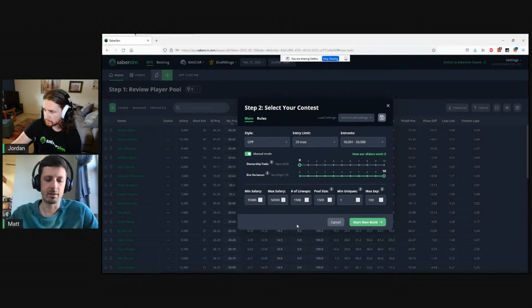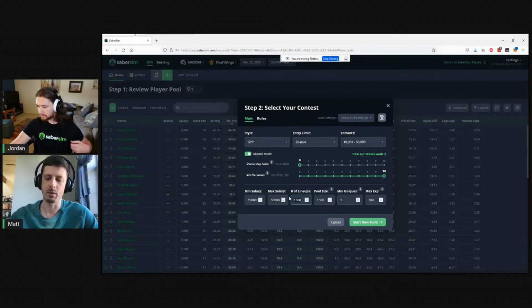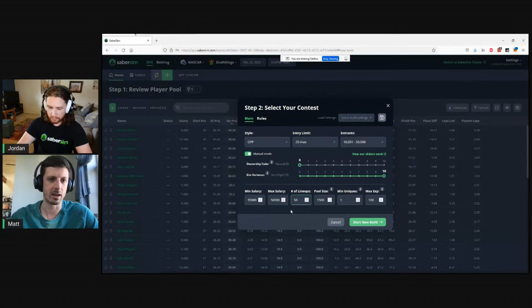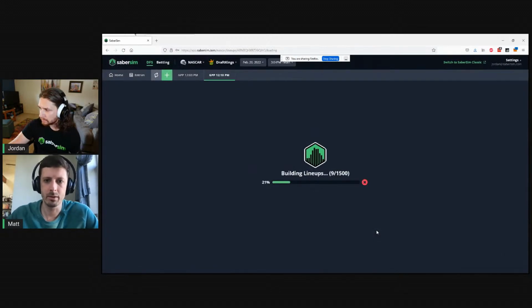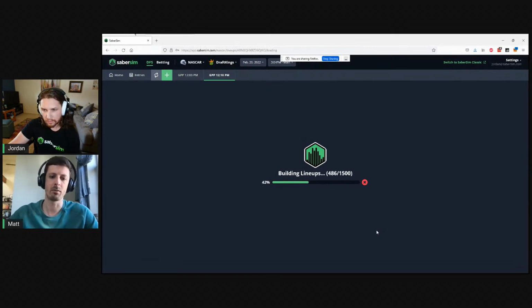So you start your build, we get to the first lineup, and we take one random sim of the race. Maybe in that simulation, Kyle Larson gets first and Hamlin gets second, and so on. And so the lineup would be the optimal lineup for that simulation.